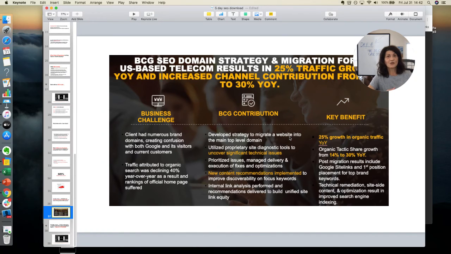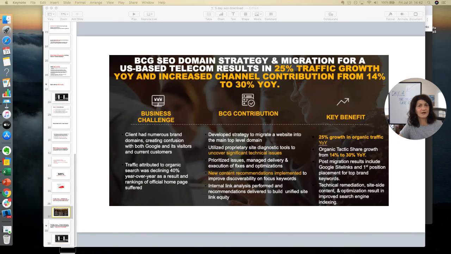They were very heavily reliant on their paid search. And so we flipped it. We said, you really should be focusing on organic, not your paid. So instead of spending $2 million a month on paid search, why don't you allot some of that budget to SEO, and we can actually optimize and make your paid search even more efficient.